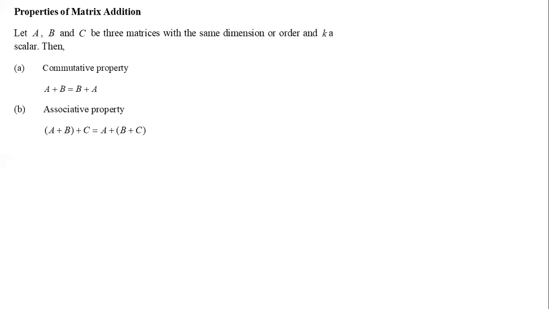Yes. Wait, is it also the same thing as adding A plus C, then you add it to B? Yes, it's going to give you the same answer. That is the property of what? Associative property. Any of the 2 that you pick at first is going to give you the same answer if you add it to the third one.